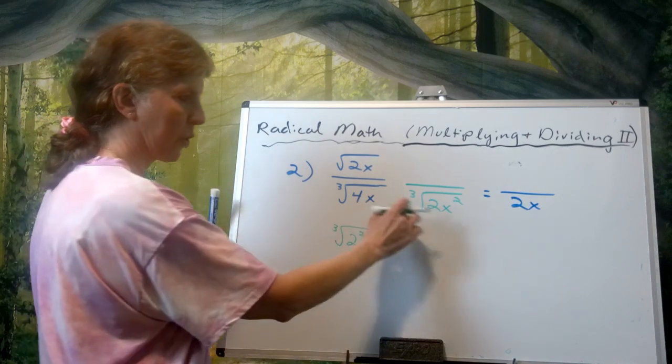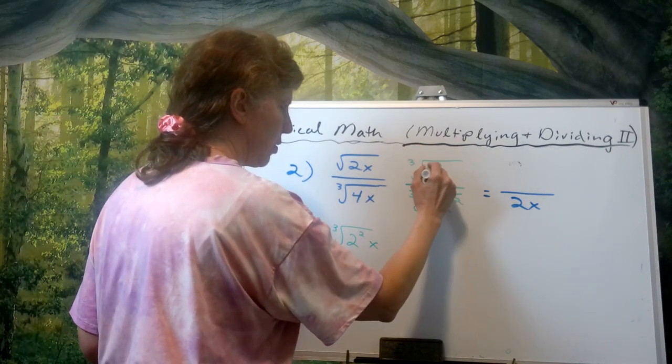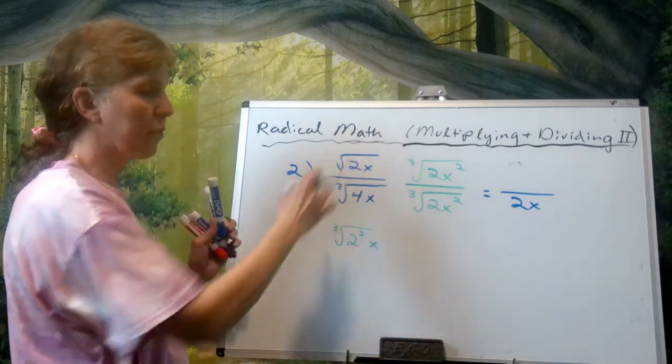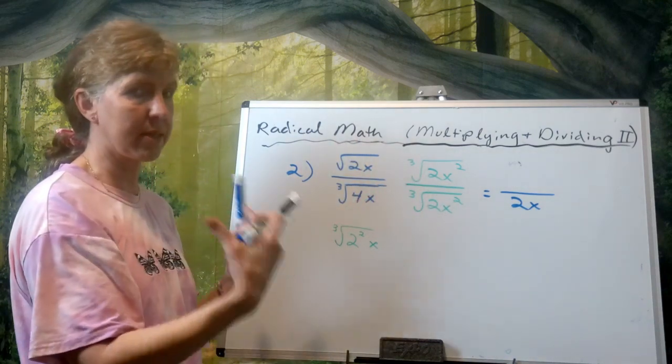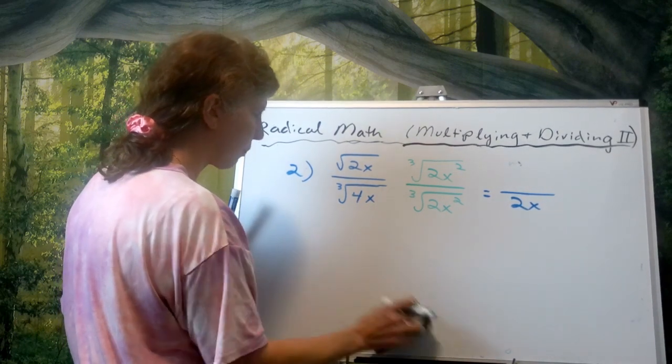I need to make sure I multiply by 1, so I'm going to multiply the top also by the cube root of 2x squared. Now we have to get everybody into fractional exponents if we're going to write this as a single radical. So I'm just going to erase this.